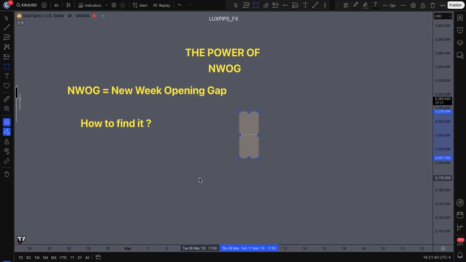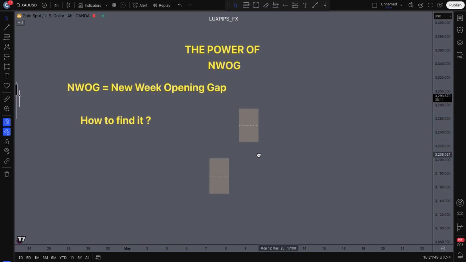At the close of the prior week, you're also gonna have a candle. It's very common, not all the time, that there's gonna be a jump in price.